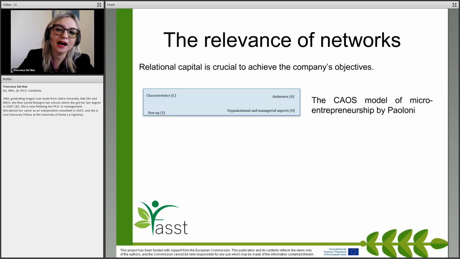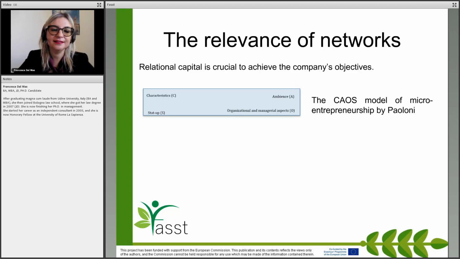The CHAOS model of entrepreneurship is an acronym of some very important characteristics that must be monitored within any kind of company or organization.